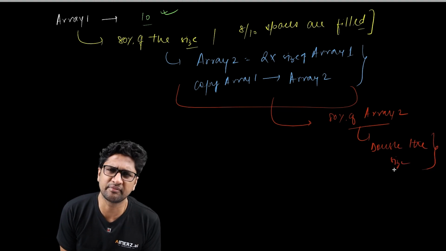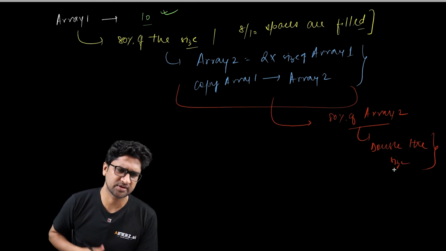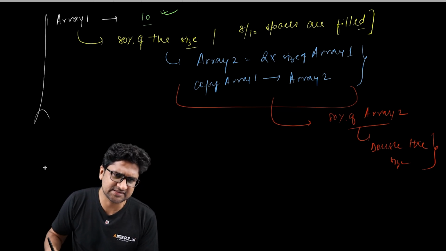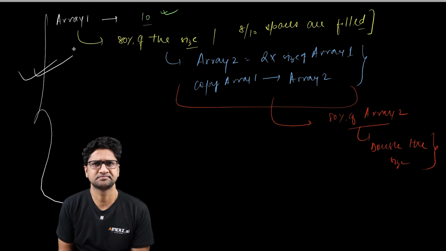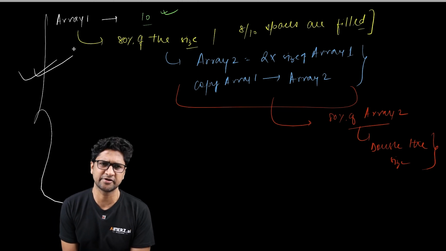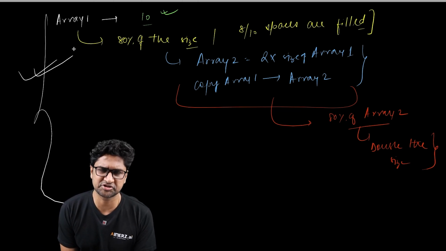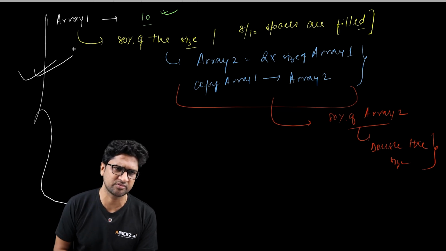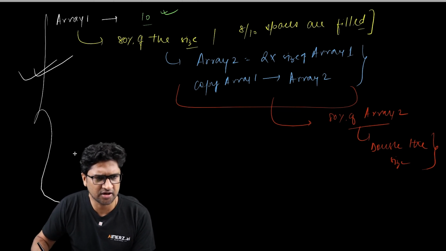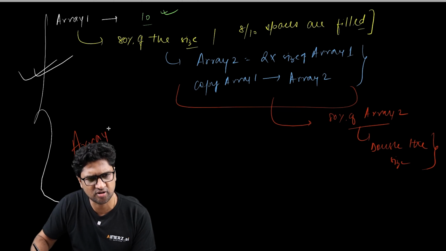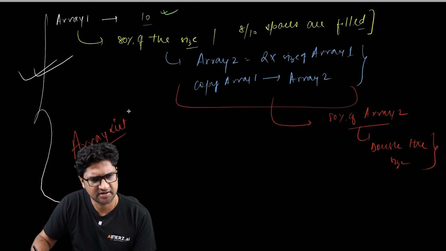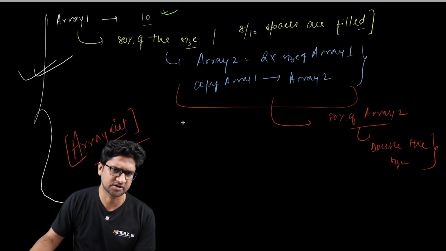This is how we normally define a dynamic array and implement it. Java has already done this work for us. It has already implemented this kind of behavior, and the data structure which they have exposed for us to use is called the array list data structure.